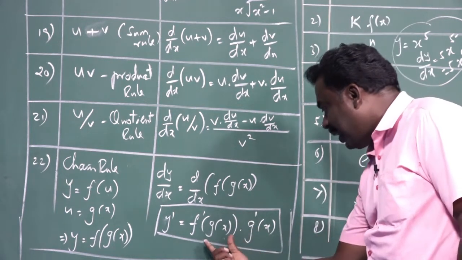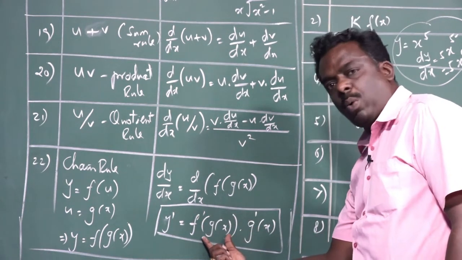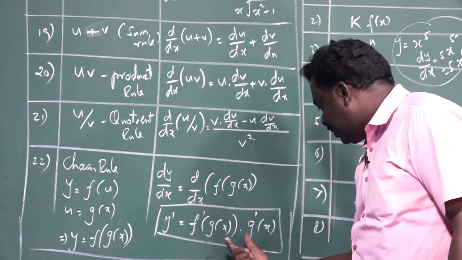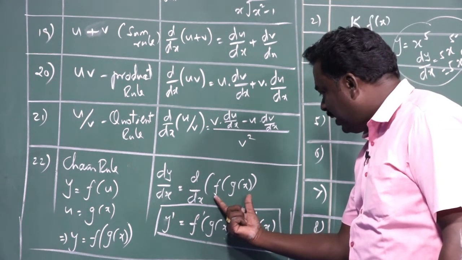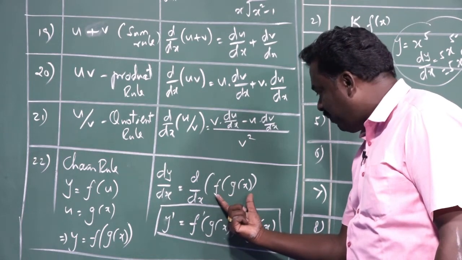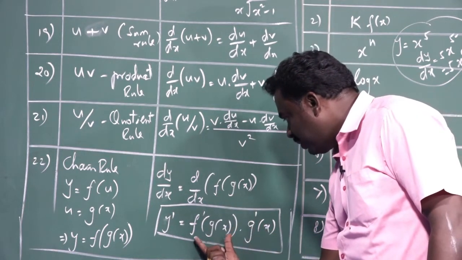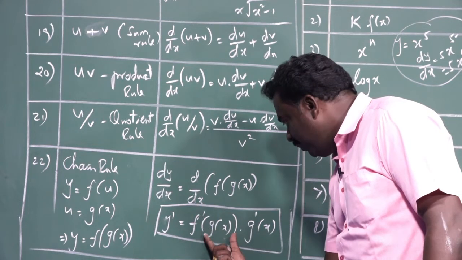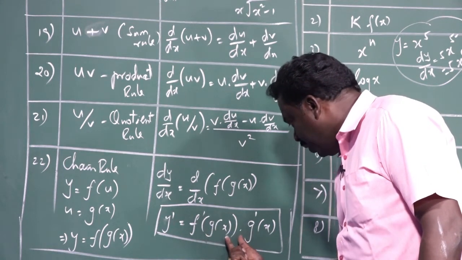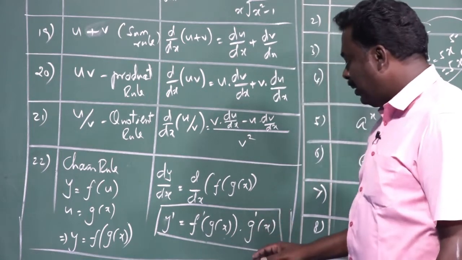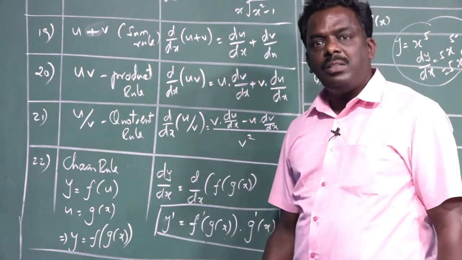Again, within the bracket we have the function g of x, which we again differentiate, into g dash of x. That is the chain rule.